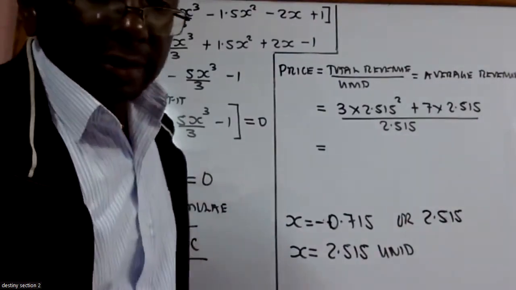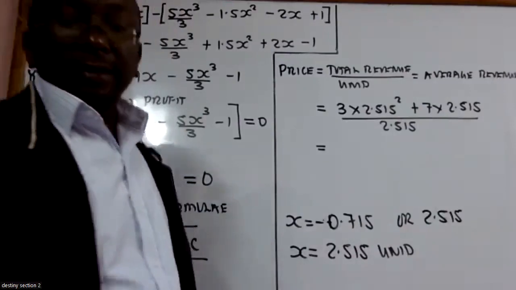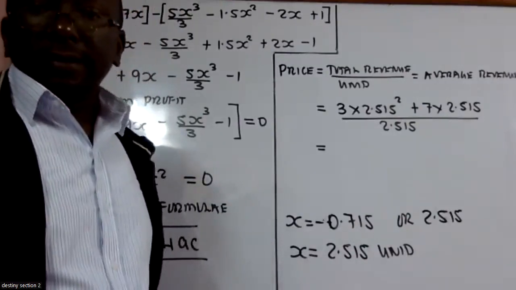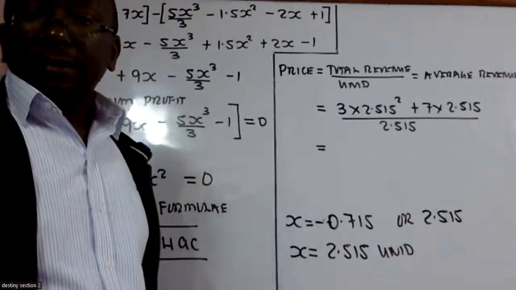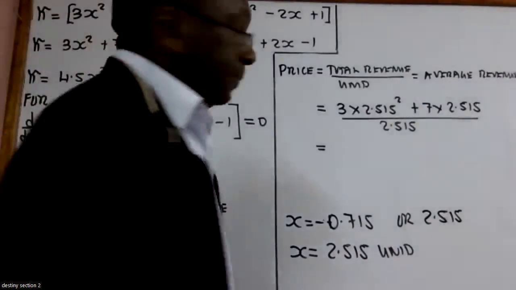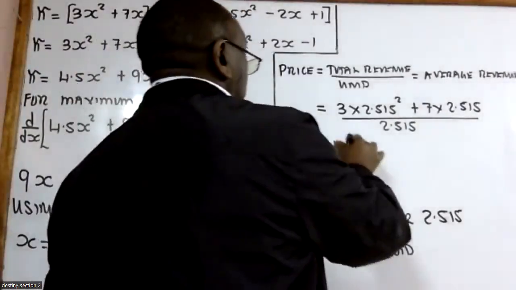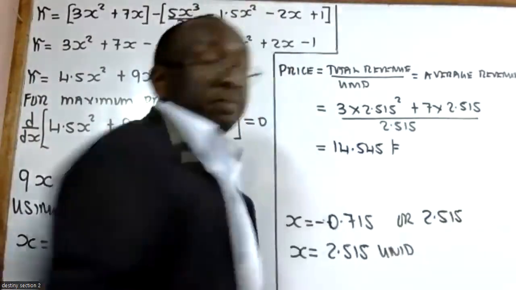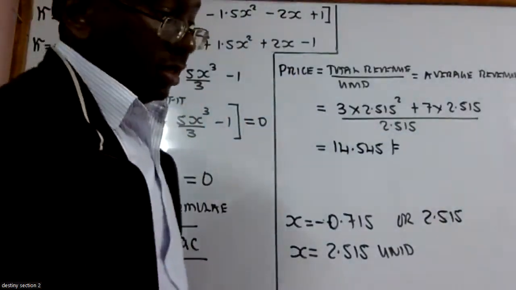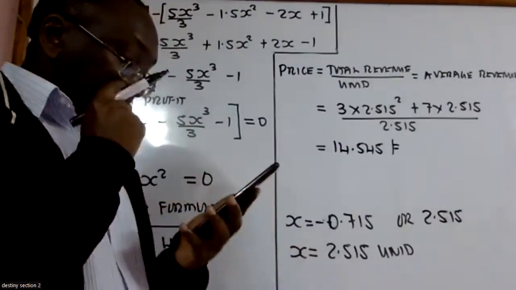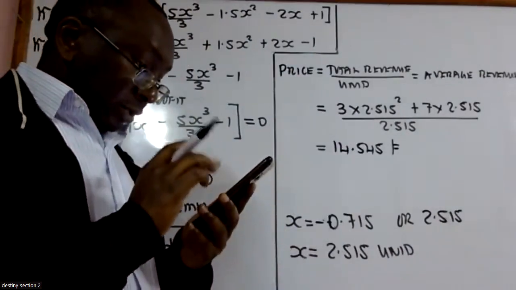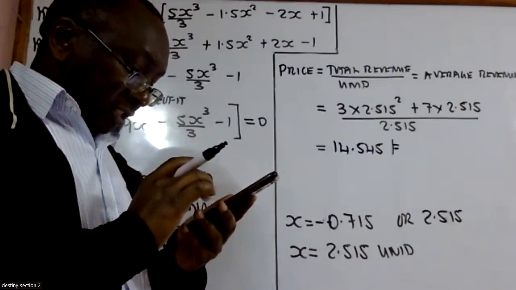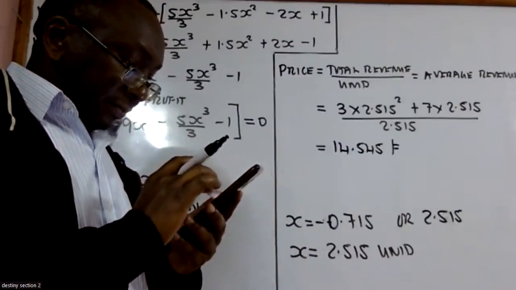Yeah. Marijuana. 14.545. Okay, 14.5. 45. So that is the price. 14 point. Okay. So I think we have answered that question. Let's go to part B.